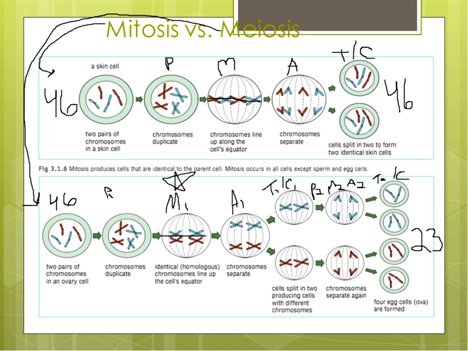Because reproductive cells only should have half the number of chromosomes. That's how we were made. 23 chromosomes from our father, 23 chromosomes from our mother, creating one cell, 46 chromosomes that we began our life. So meiosis makes cells that are half the number of chromosomes to be able to reproduce with.